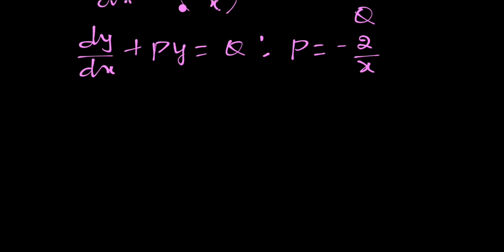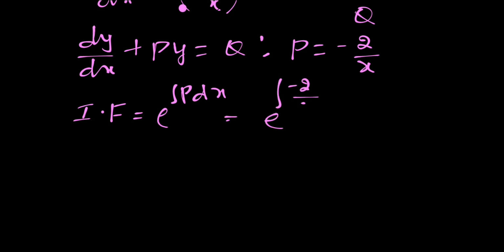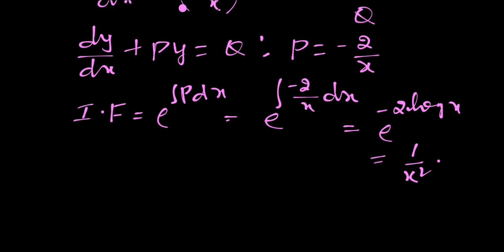For that purpose, the integrating factor is equal to e power integration p dx, that is equal to e power integration minus 2 by x dx. Minus 2 right outside, this value is log x. If you make the total simplification, 1 by x square is the integrating factor.